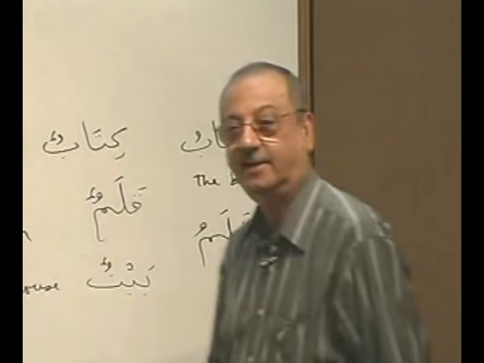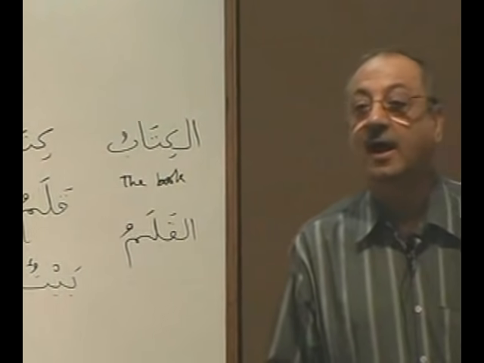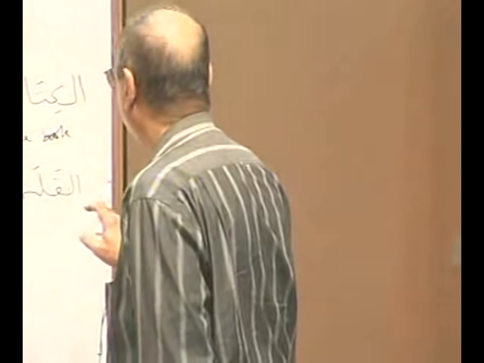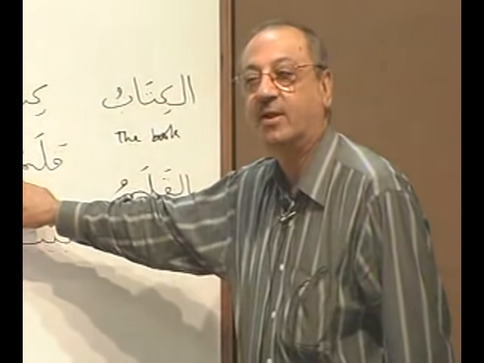If I write al-kalamun, that is wrong, because tanween and al cannot coexist. One has to come and the other has to go. So if you say al, then only one dhamma.